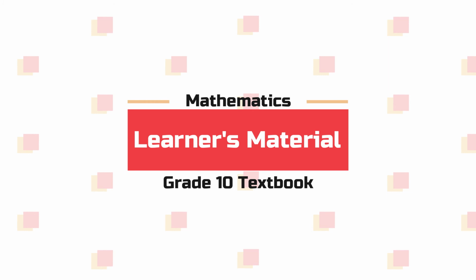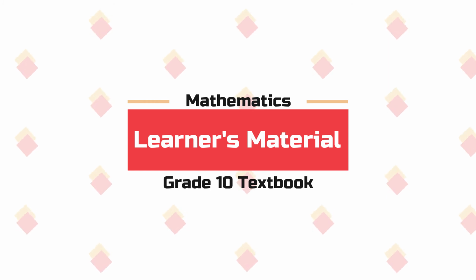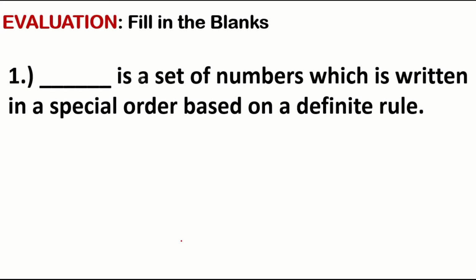For your evaluation, write your answers on your answer bank and write the solutions if possible. This has 2 parts. Part A, fill in the blanks. Write in complete sentences. Number 1. Blank is a series of numbers which is written in a special order based on a definite rule.